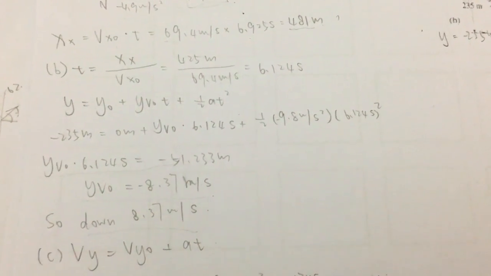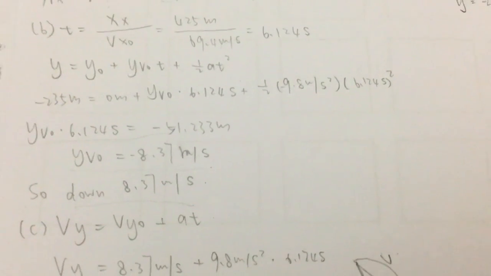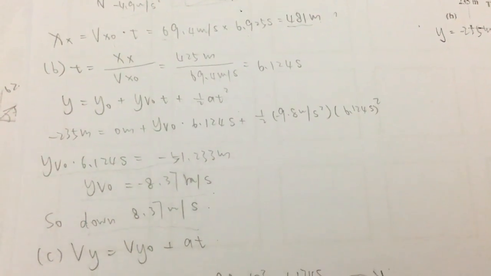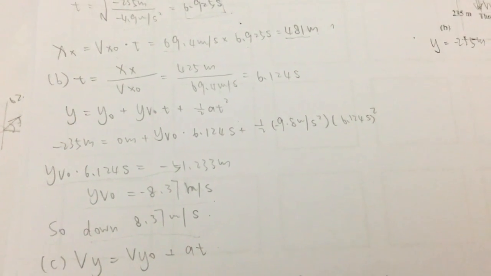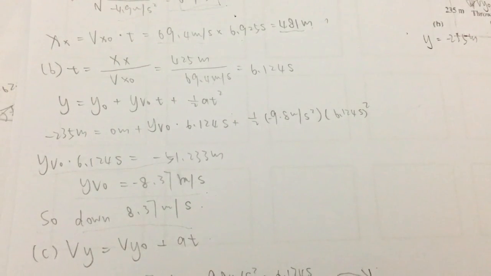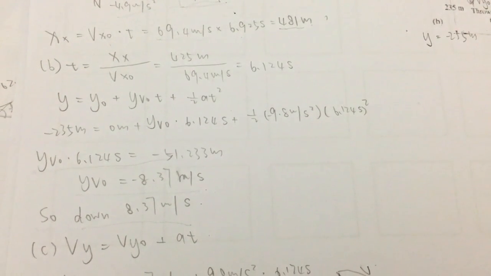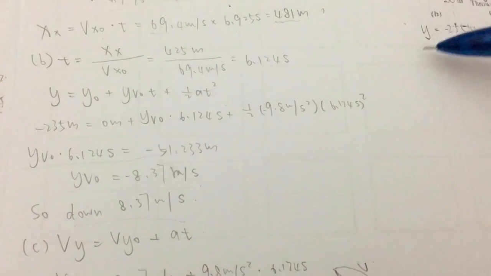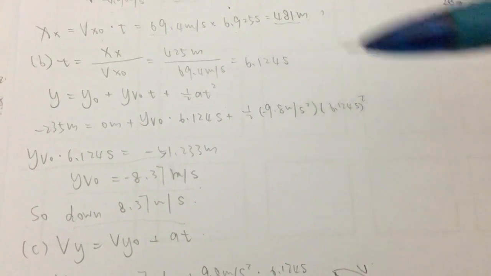Still, like the first question, we need to figure out the time. Now the distance on the x-axis is given and the velocity on the x-axis is given, so it is easy to calculate the time, which is 6.124 seconds.